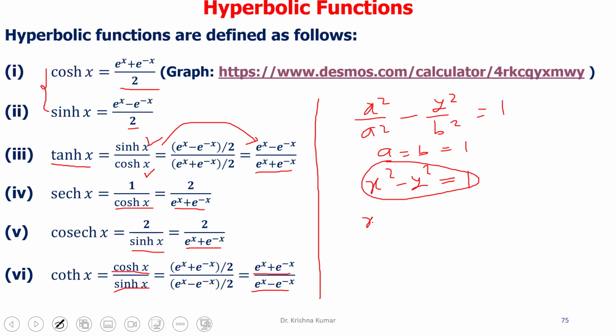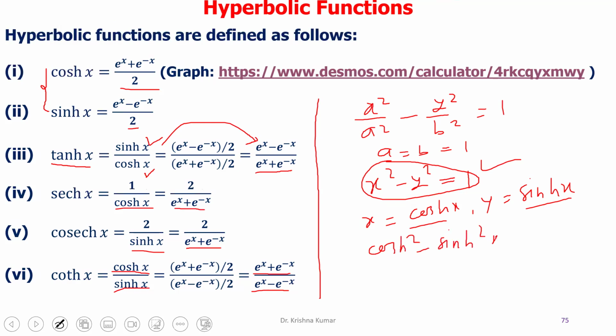Now let us put x equal to cos hyperbolic x and y equal to sine hyperbolic x. If we put this x and y in the left hand side of this equation, we have cos hyperbolic square x minus sine hyperbolic square x. This is the left hand side of the equation of hyperbola.